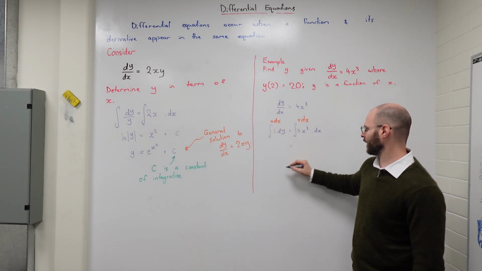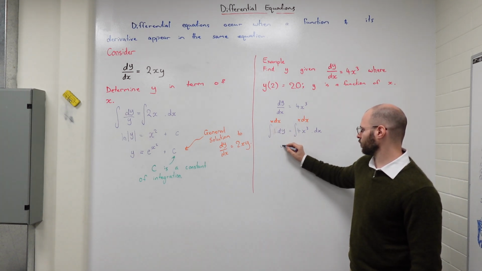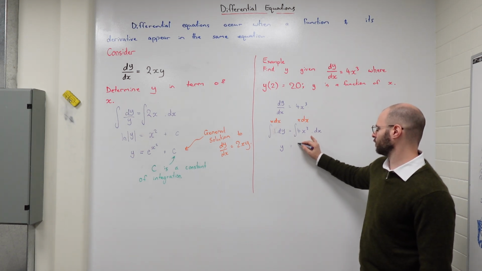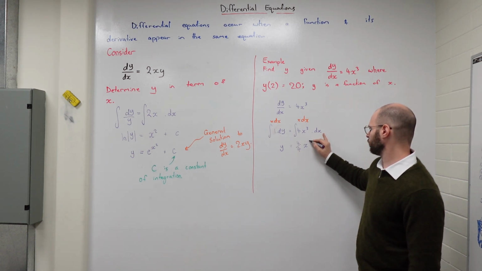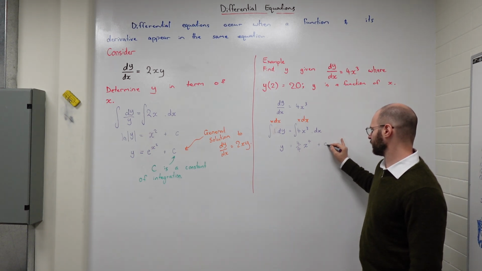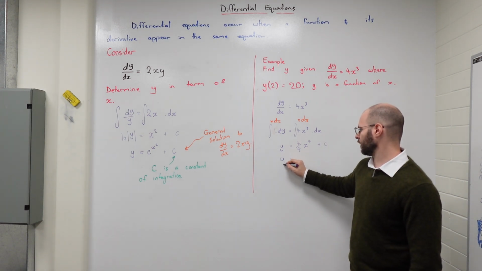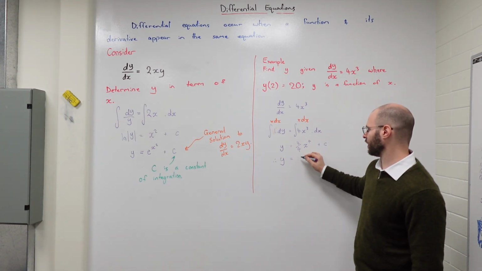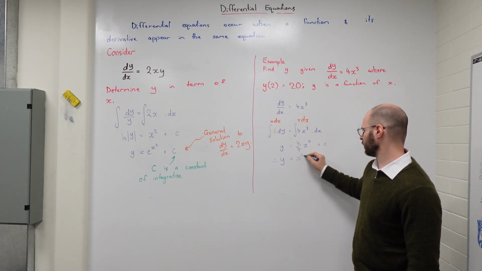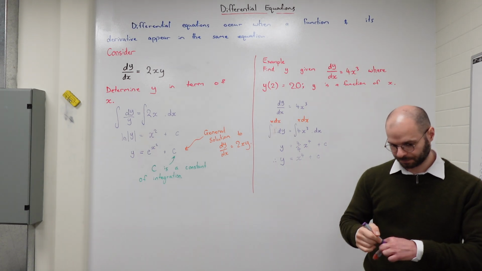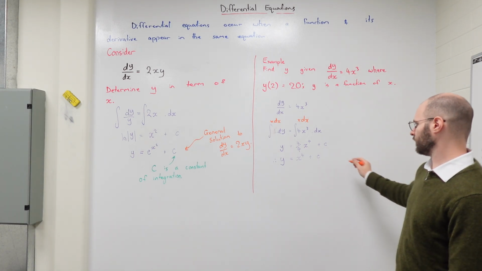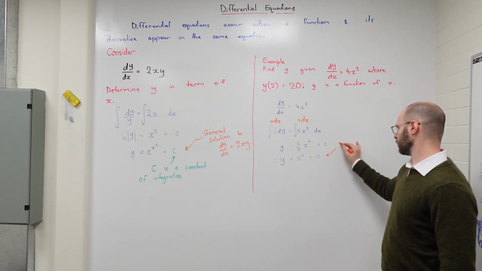The left-hand side becomes y, and the right-hand side becomes 4 over 4, x to the 4, plus c. Therefore, our general solution is y equals x to the 4 plus c.